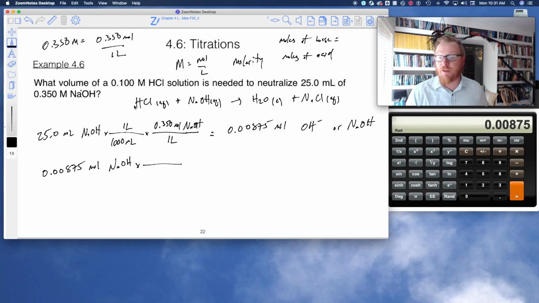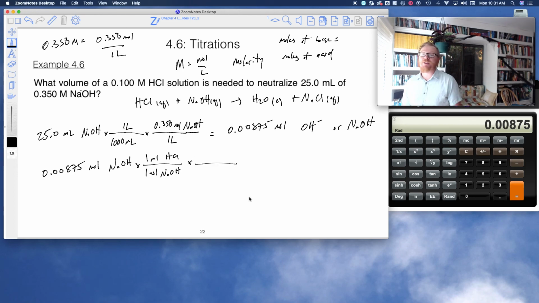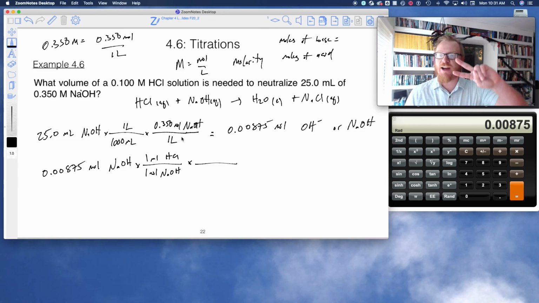And now I'm going to use a balanced reaction. And the balanced reaction tells me 1 mole of NaOH reacts with 1 mole of HCl. And now I have to convert that mole of HCl into liters. Well, I have a concentration of HCl, 0.1 molar HCl. So I can use it the exact same way I did here, but now I'm going to flip it.